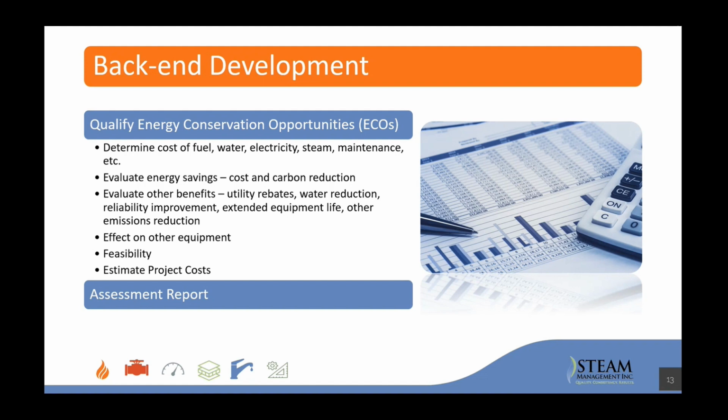And we work out project estimates for those. All that is bundled up in the assessment report. This is a very organized report where we just go through. We actually will number each of these ECOs, or they're also called ECMs, energy conservation measures.